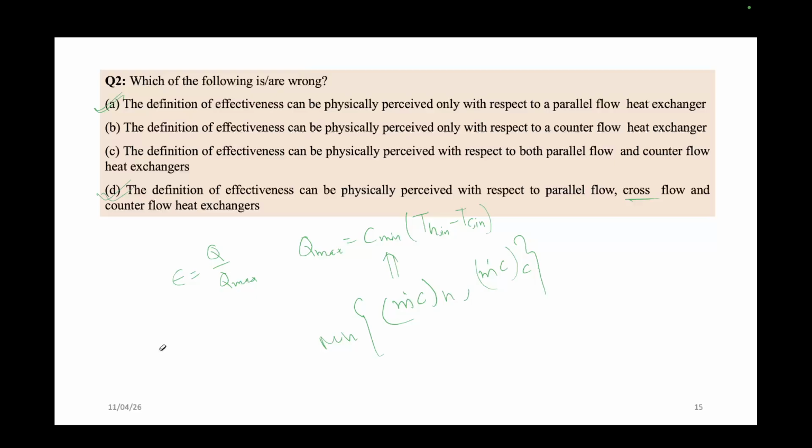But you see, in case of this, this is your THI, this is your TCI, right?